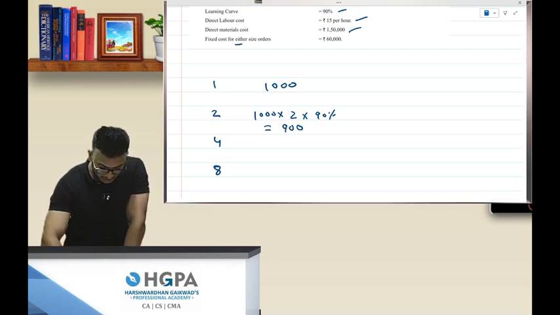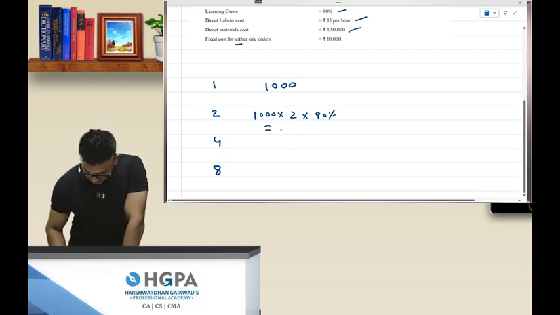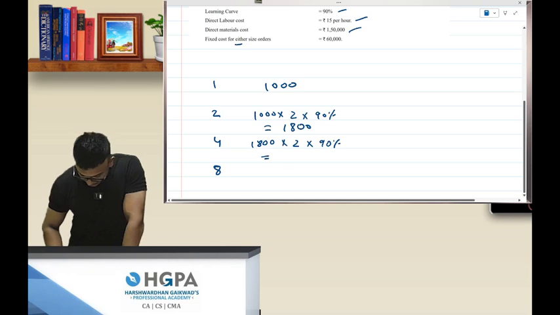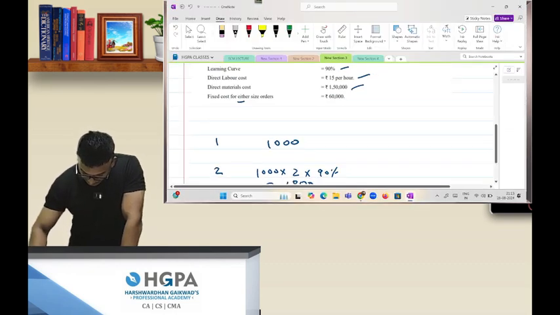No, this is 1800. Next, 1800 into 2 into 90% is 3240, and last into 2 into 90%. This will be 5832.